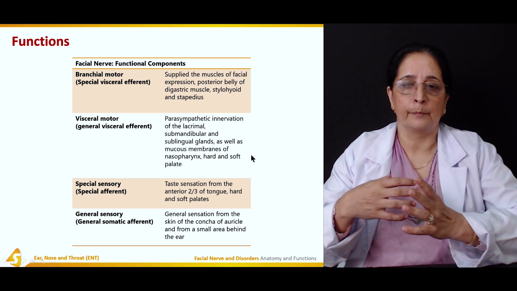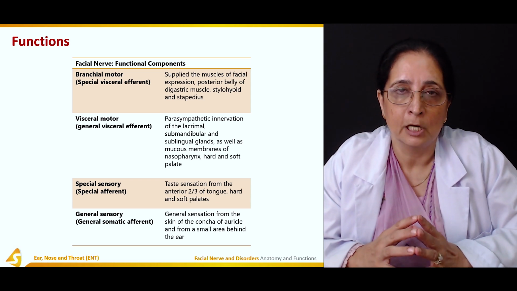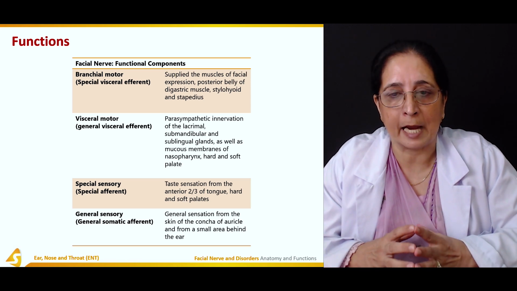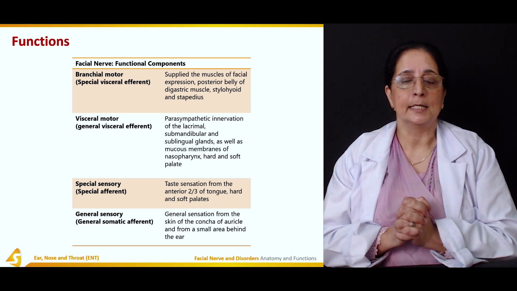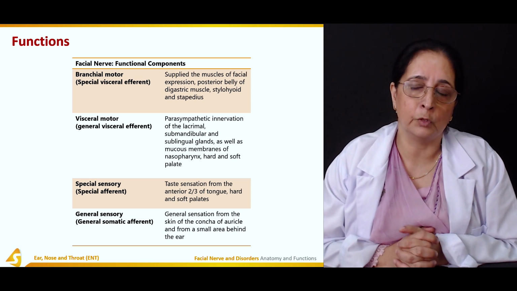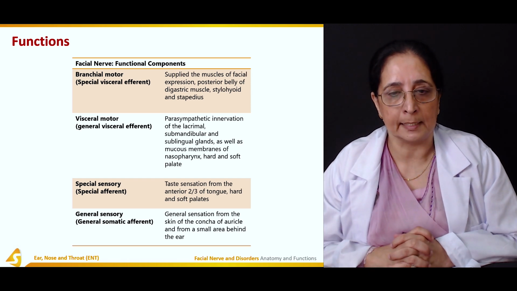It's a motor nerve, general visceral efferent, so it is responsible for the different motor actions of the lacrimal, submandibular, and sublingual glands and the mucous membrane of the nasopharynx, hard and soft palate.